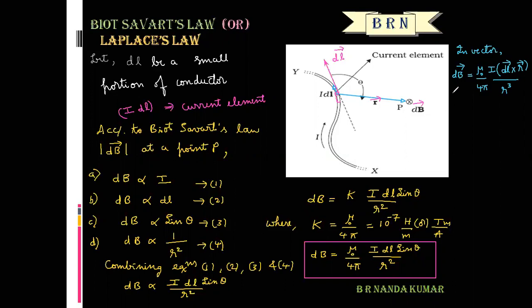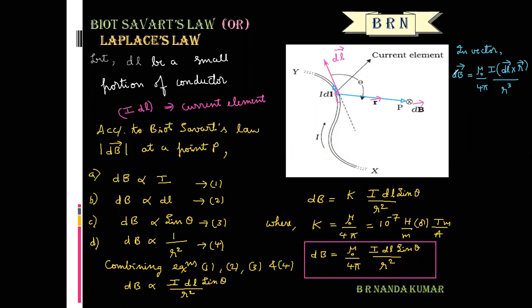So apply the magnitude here. The magnitude of cross product of two vectors is given by the product of magnitude of two vectors and the sine of the angle in between them. So after applying the magnitude, we get r dL sine theta. So one r gets cancelled. So then we will get the same formula, that is dB is equal to mu naught divided by 4 pi I dL sine theta divided by r square.